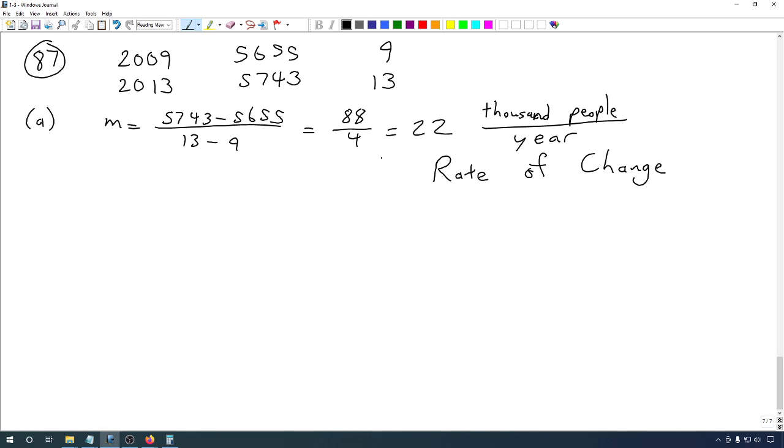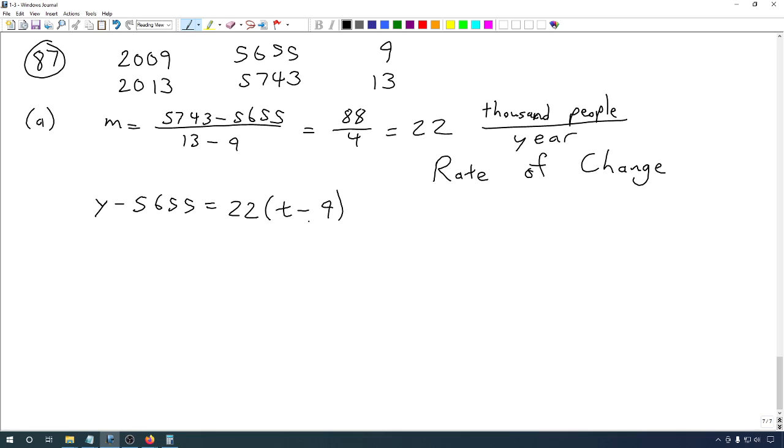Now that we have the slope, we can actually go ahead and find the equation of our line. Recall that we're using these as our points. I'll go ahead and use the first one here. So we have y minus our y value of 5655 is equal to our slope of 22 times, now we're not using x, we're using t minus 9.